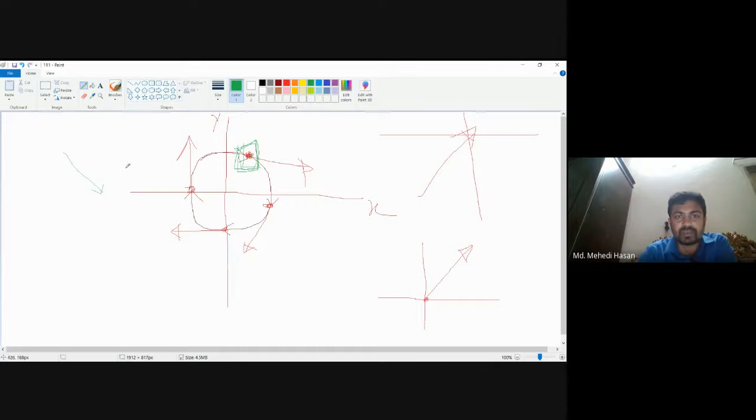So this is the velocity vector at that position. In that case, you have to draw the coordinate like that, and you can say that the velocity vector is mainly in the fourth quadrant. Got it?